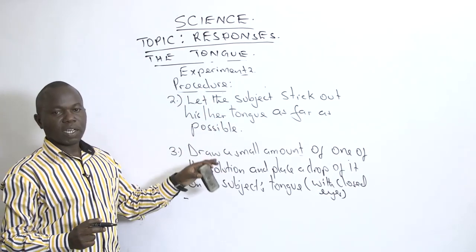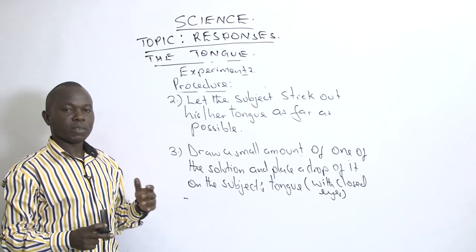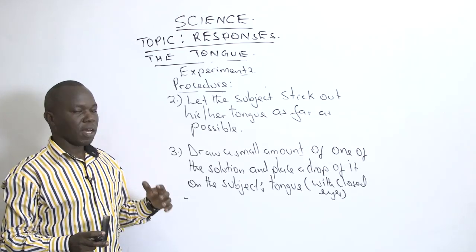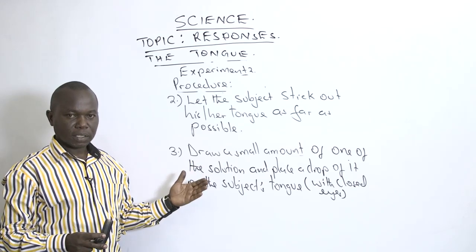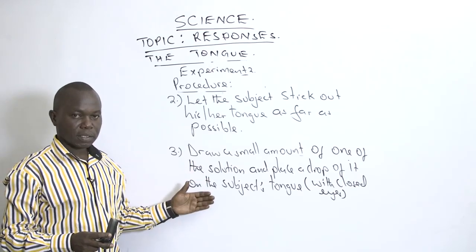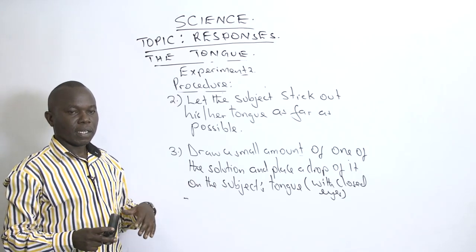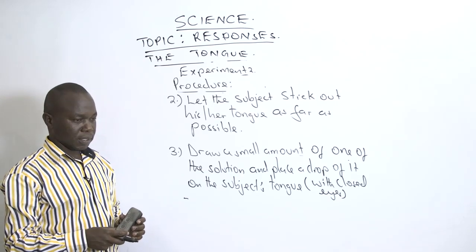Now, we are going to have 2 responses here. If the subject is able to taste the solution, let him or her nod the head in agreement that he has tasted or she has tasted. If she does not taste anything, he should not nod his head.